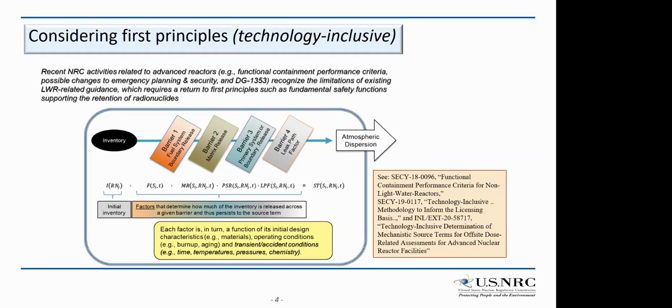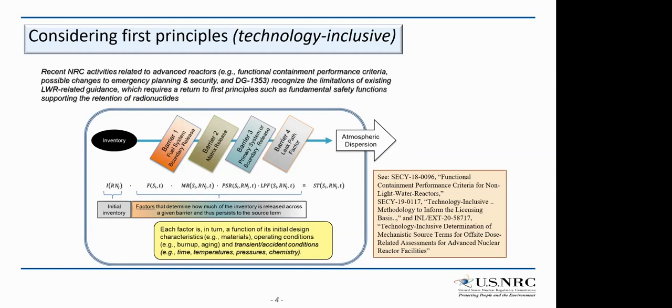And one of the things we needed to do was fall back and go back to first principles, because Part 50 and Part 52 are so light water reactor centric that it's very hard in many cases to simply use those requirements for other technologies.